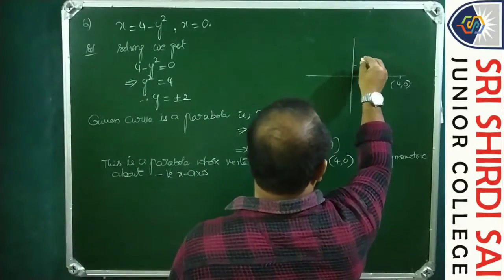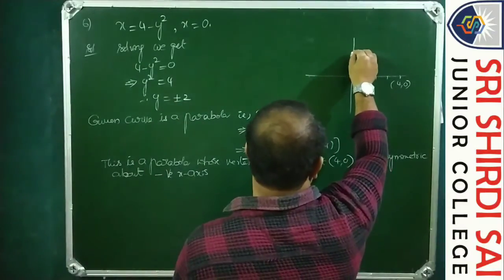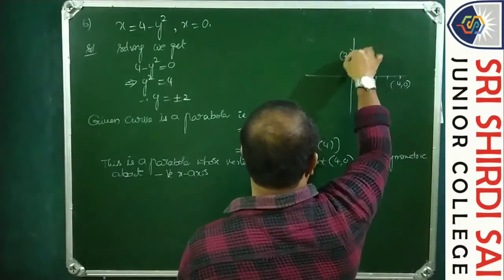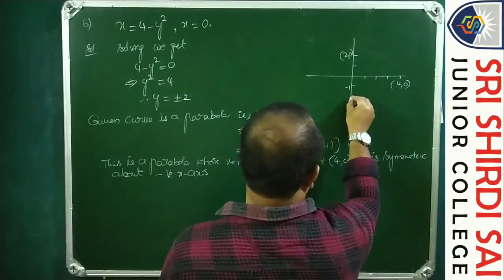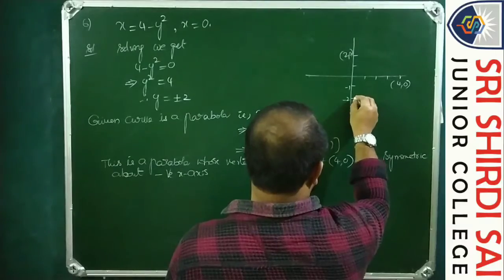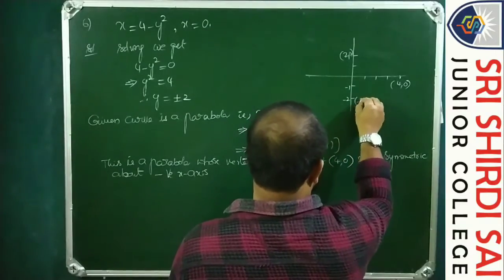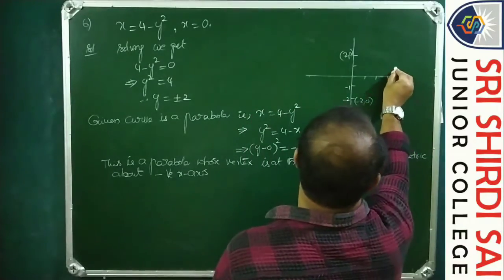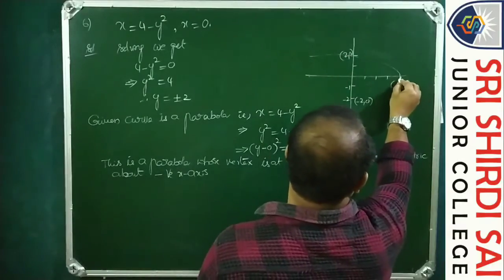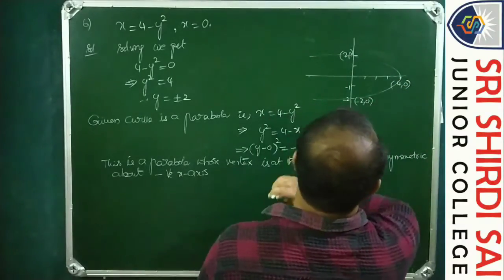Therefore, this is 1, this is 2, this is 2 comma 0, and this is minus 1, minus 2, this is minus 2 comma 0. Therefore, this is the ultimate parabola.